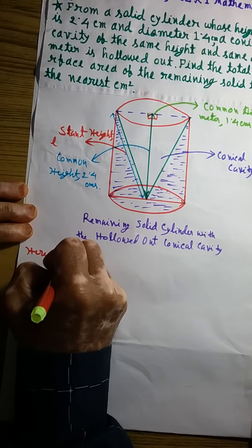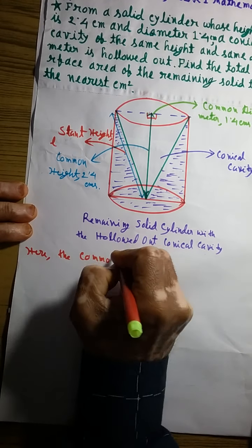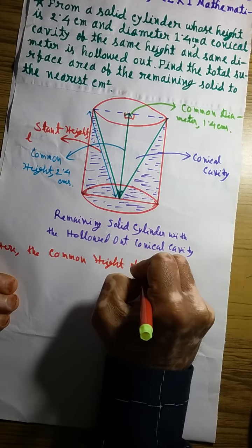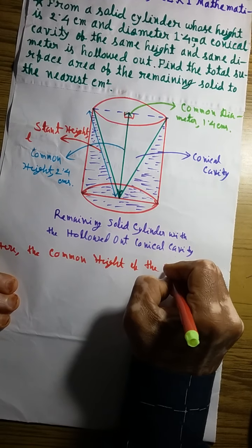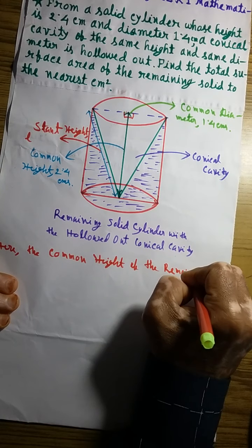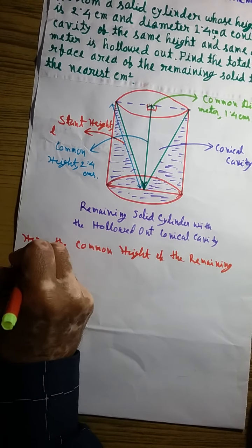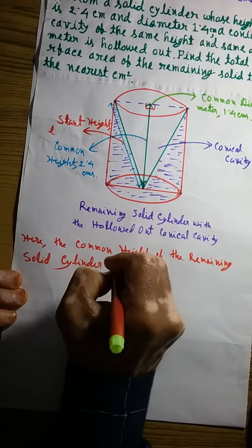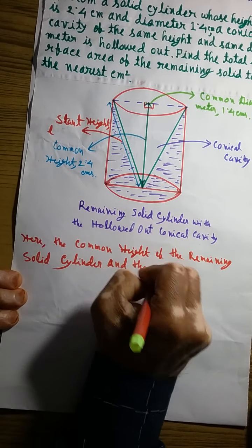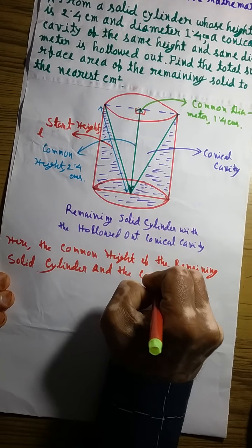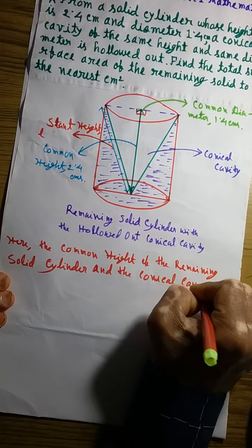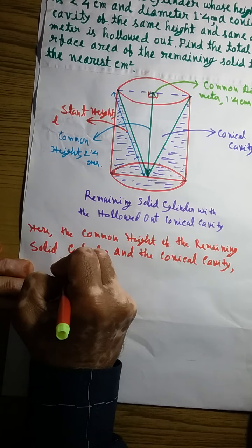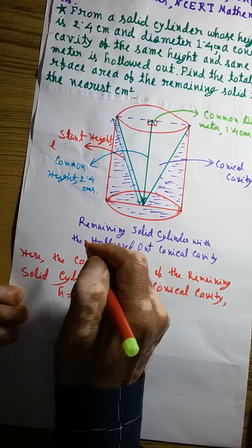Here the common height of the remaining solid cylinder and the conical cavity, h is equal to, according to the question, 2.4 centimeters.